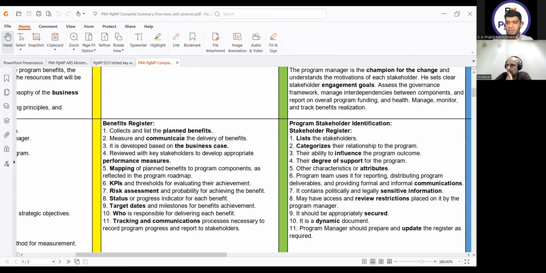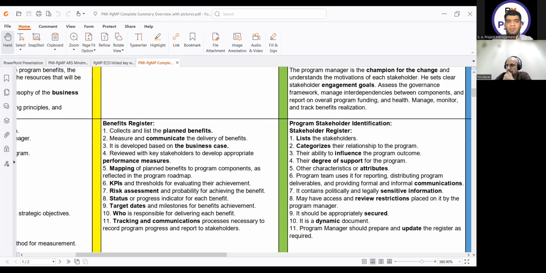It is developed based on the business case, reviewed with key stakeholders to develop appropriate performance measures, mapping of planned benefits to program components, KPIs, risk assessment, status of progress indicator of each benefit.